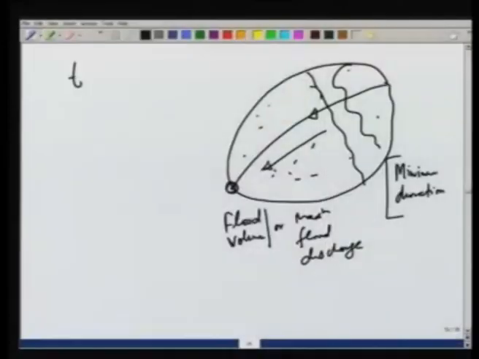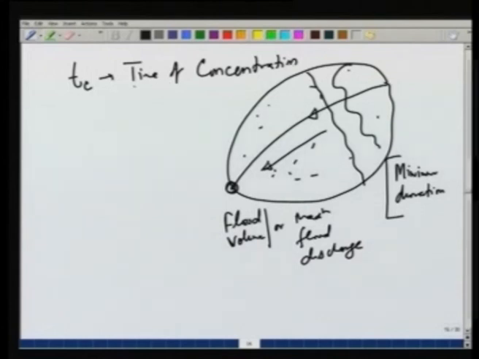So, there we use the concept of time of concentration, which is the time taken by the farthest point in this catchment, so, a water drop falling on the farthest point to reach the channel and to reach the outlet.